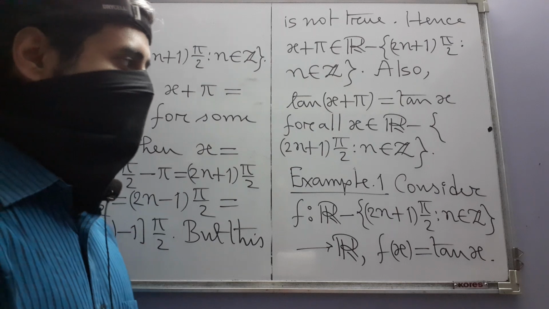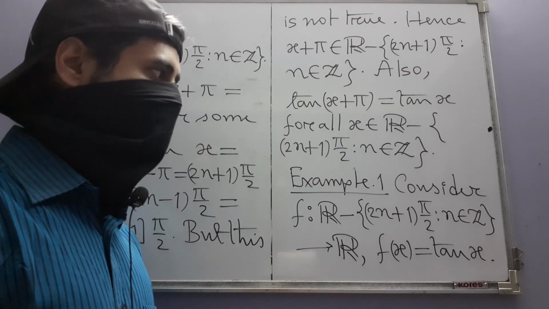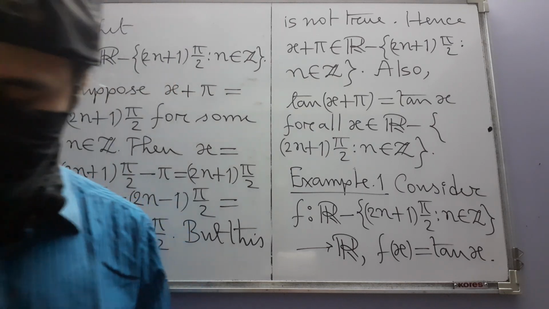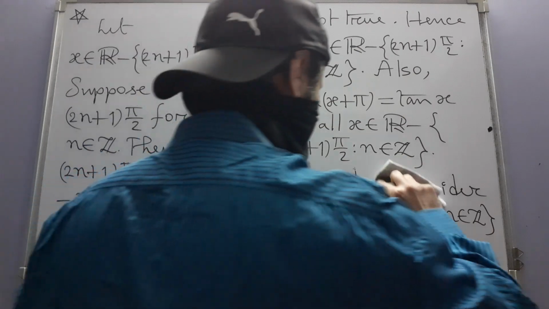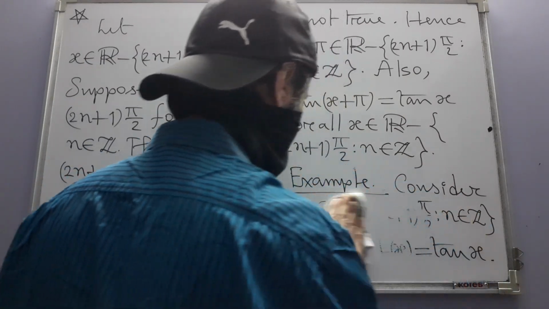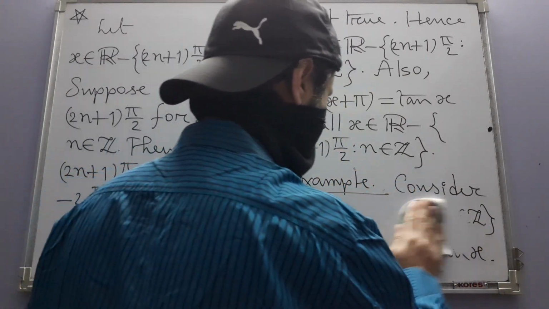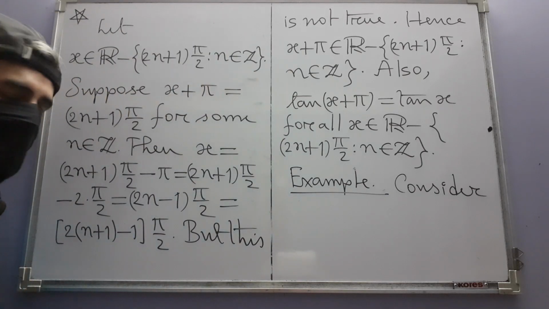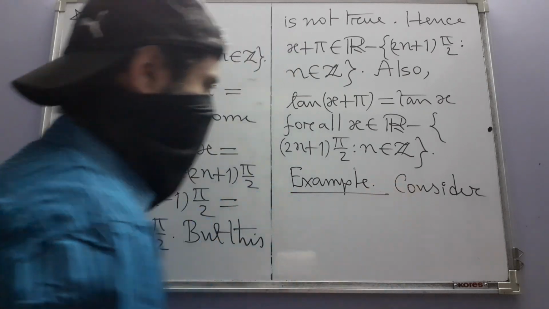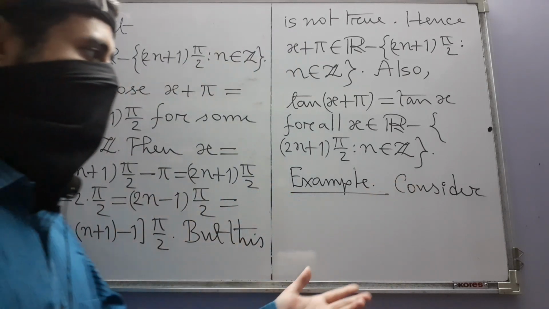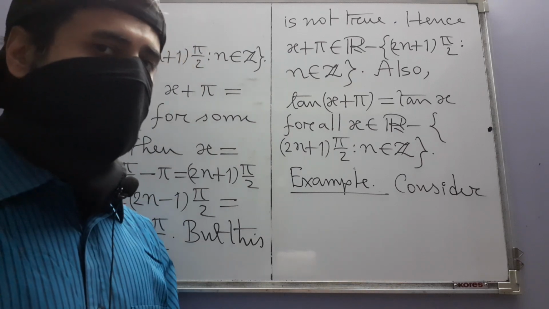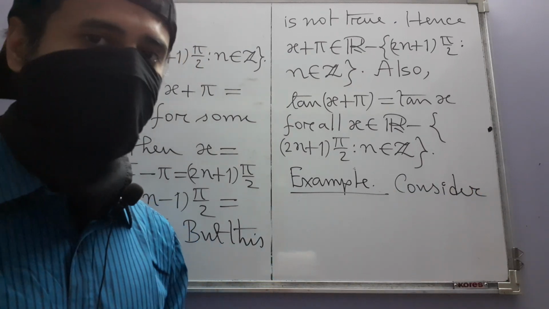But next let us see an example of a periodic function which has no period. It is periodic, but it doesn't have a period. Or in that other terminology, it is periodic and has periods, but no fundamental period.